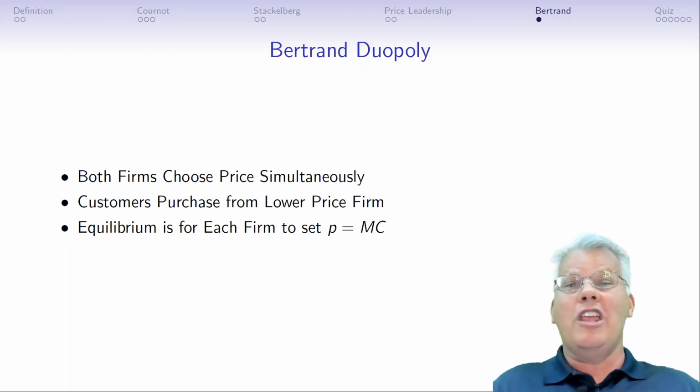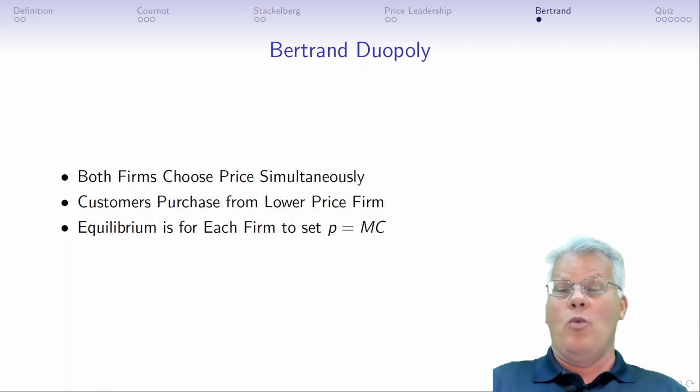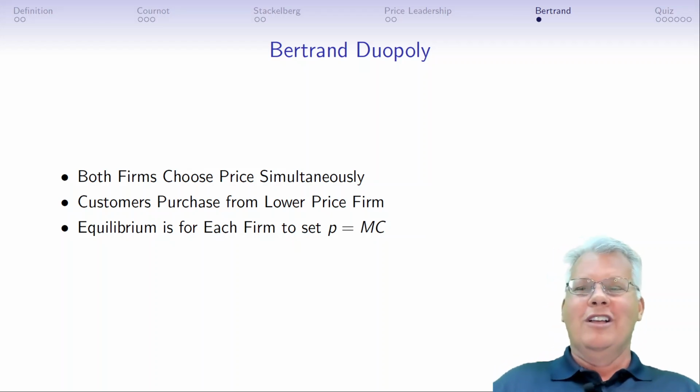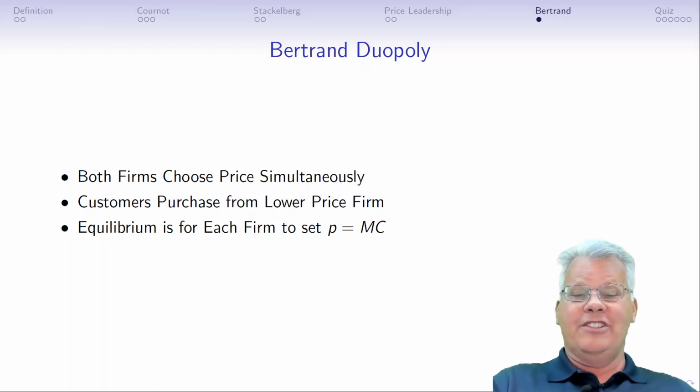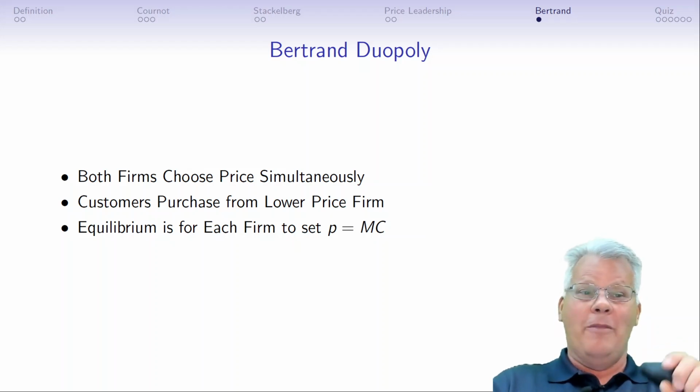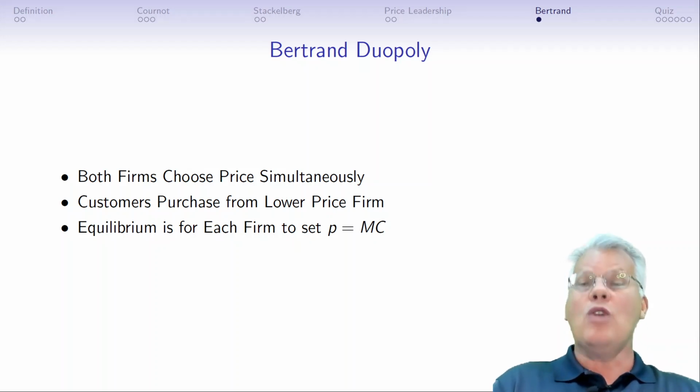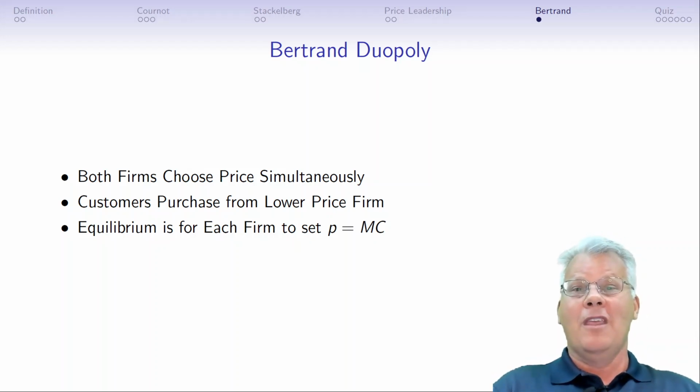We could do a variant proof to illustrate why this would be true. So suppose not, right? If we suppose not, what if one firm announced a price just a little bit higher than marginal cost, and the other firm announced a price equal to marginal cost?